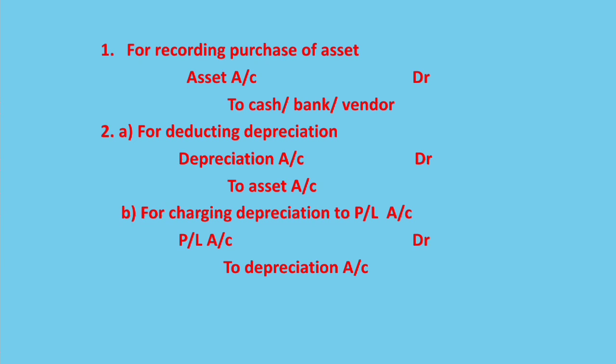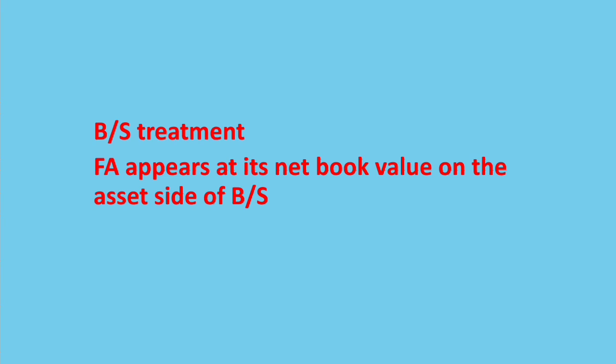Now, the balance sheet treatment of the assets. We have to show all the assets on the asset side of the balance sheet. In this method, how can we show the fixed assets on the balance sheet? Here, fixed asset appears at its net book value, not at its original cost.